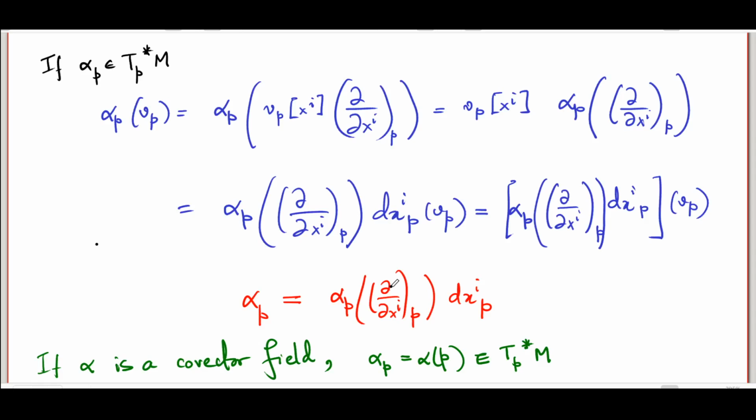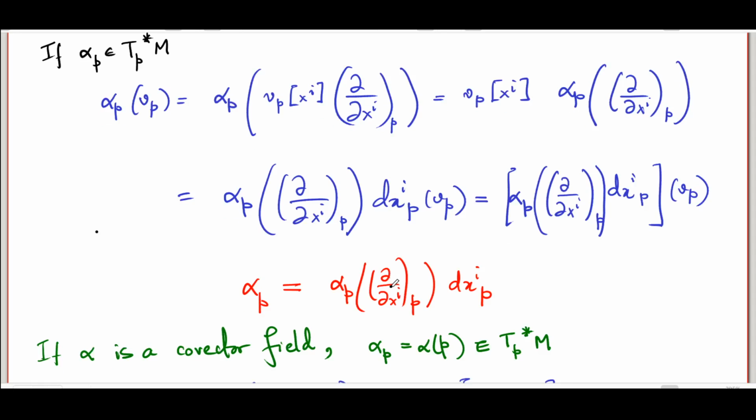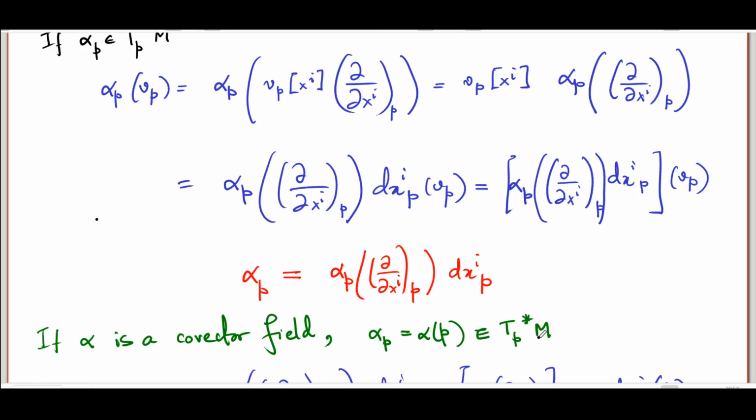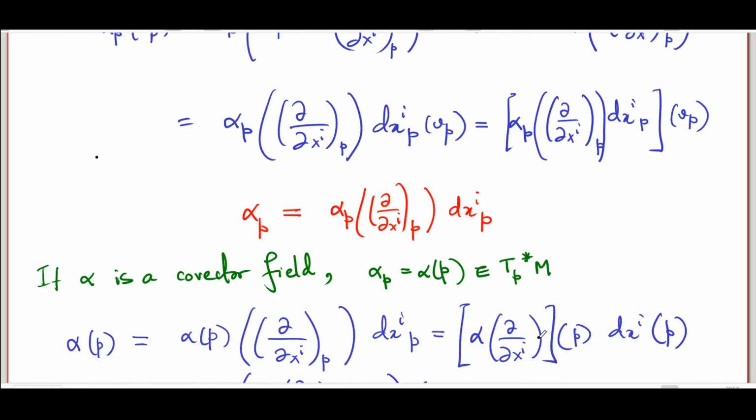Now, what if alpha is a covector field rather than a covector? Then alpha at a point P is nothing but this, which we denote by alpha P, but it's something which belongs to Tp star M. So which of course can be expanded in exactly this fashion.